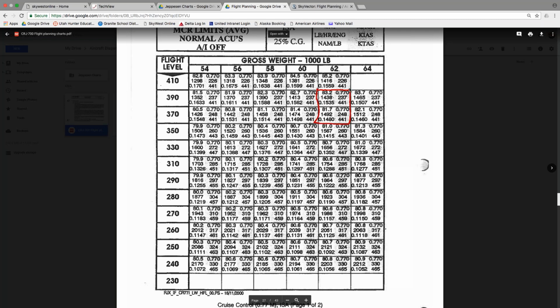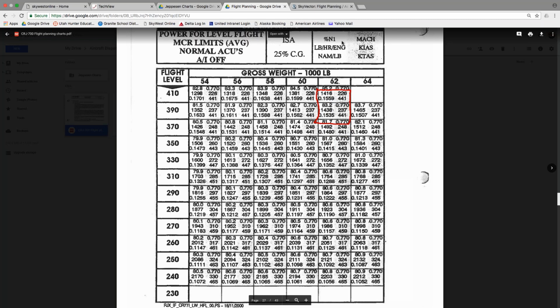Okay, so what numbers are we concerned about? Just the top 4? No, the fuel and the airspeed. Just those two. So we don't care about our N1 percent, we don't care about our Mach speed.